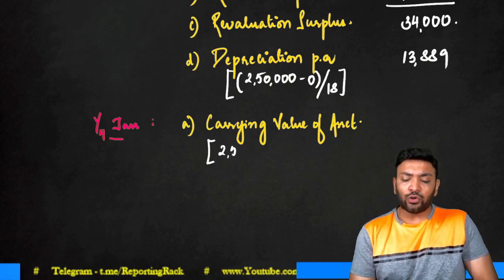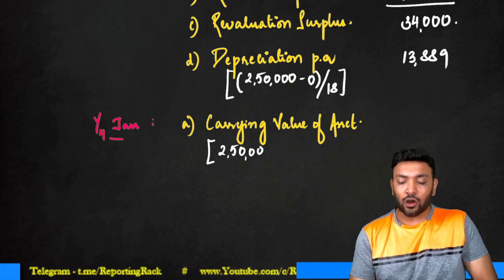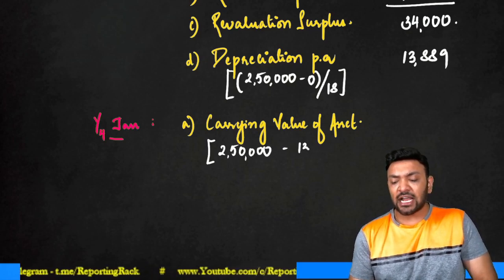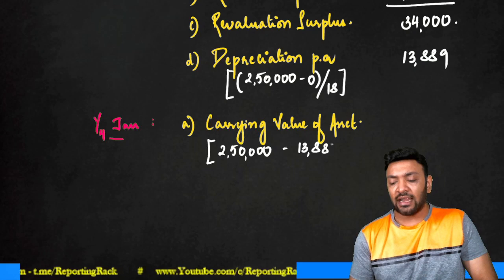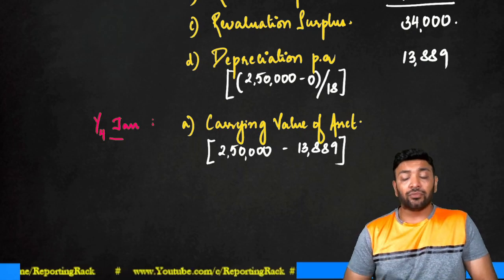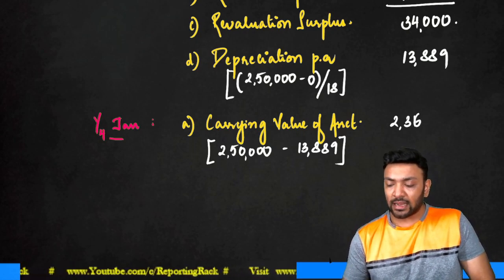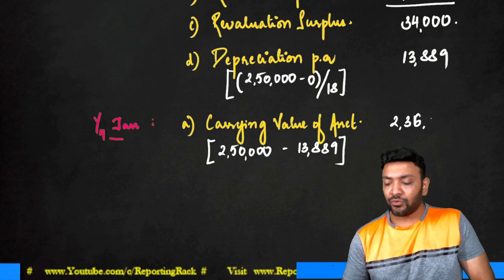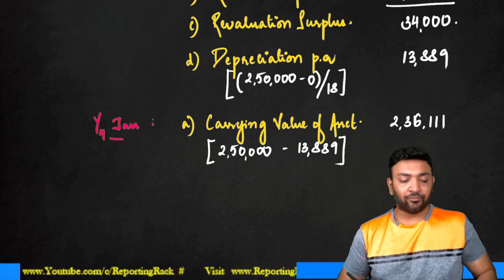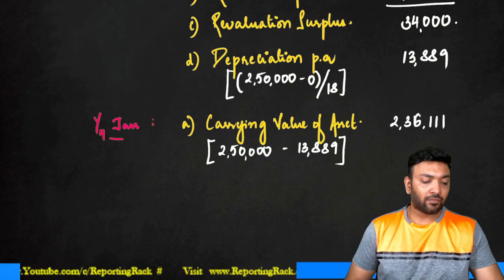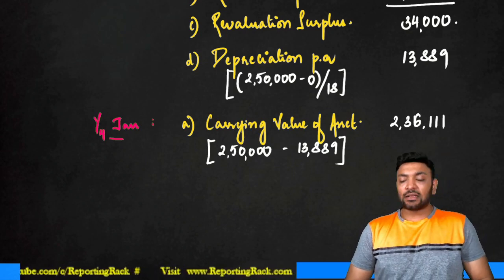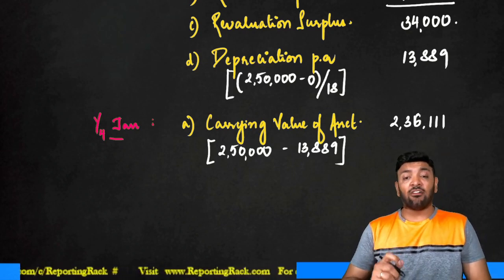It was revalued to 2,50,000, of which I charged a depreciation of 13,889. Therefore, I'll be left with 2,36,111. 2,36,111 is the carrying value.